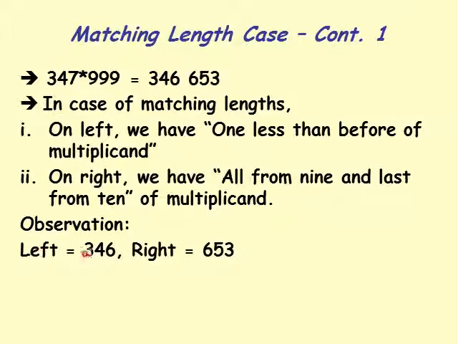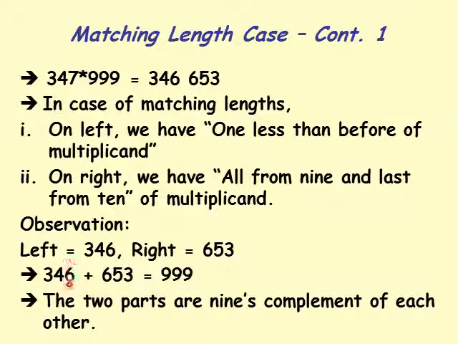Observations. Left is 346, right is 653. We just computed that one here. Then 346 plus 653 is 999. Left plus right is 999, a sequence of nines, which is what we're trying to multiply by. The two parts are nines complement of each other.